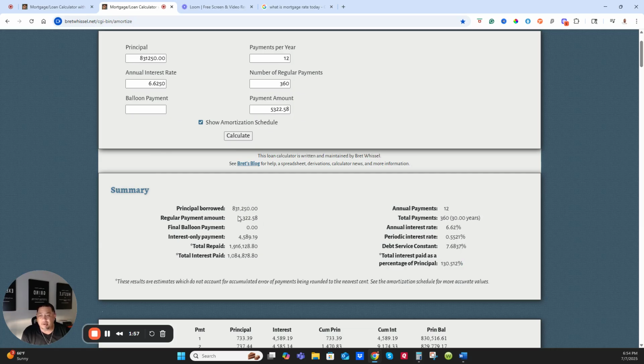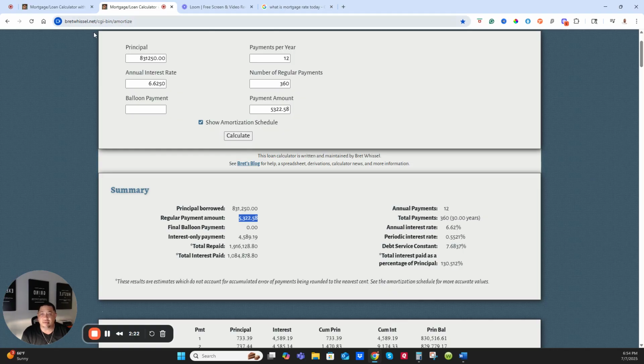We're going to have a payment amount of $5,322.58. And the total amount paid for this $831,000 loan is going to be over $1.9 million. Okay. And over $1 million is going to be going towards interest. So I want you guys to take a good look at this so you can see where we are. Okay. So this is 5% down.